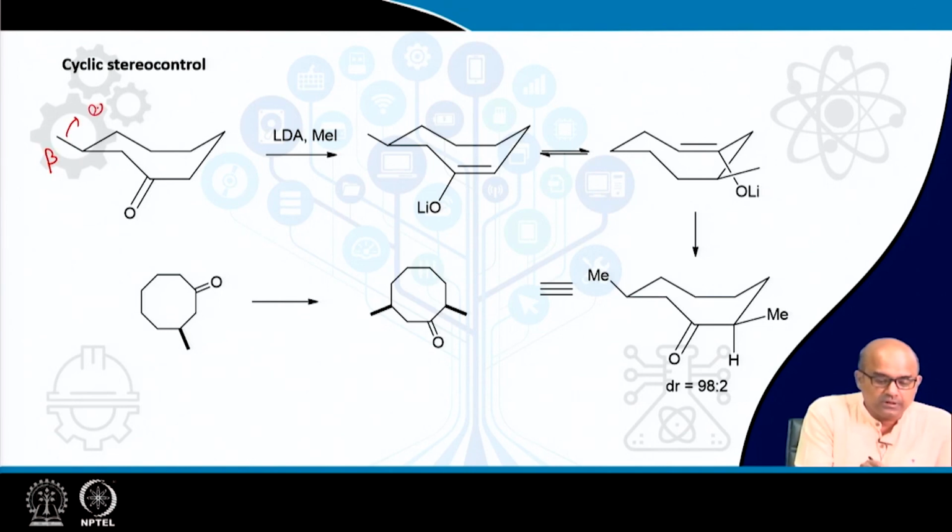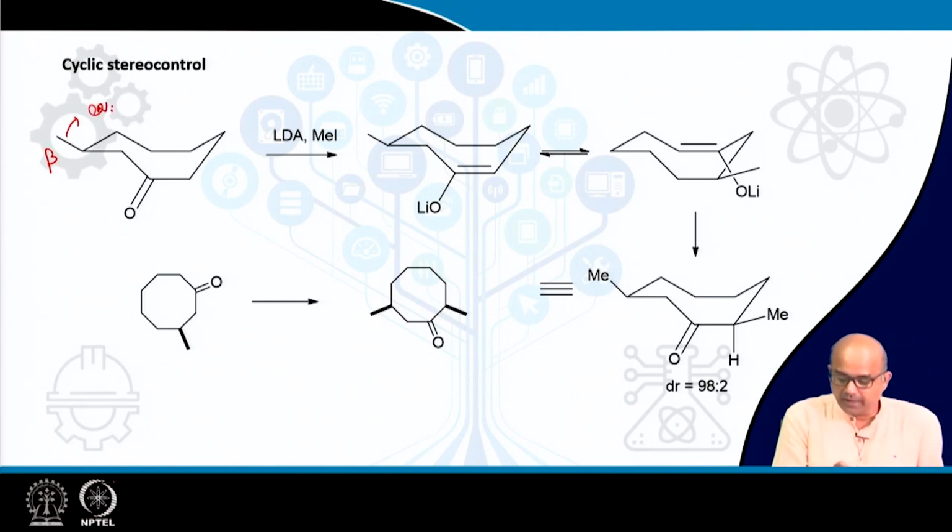In a similar way you can predict the whole thing again, and here, as it is beta, from the last slide you have seen that no matter whether it is alpha or beta, the beta face of the cyclooctene ring seems to be much more accessible. So, here also a similar thing happens and the incoming electrophile has to be beta.